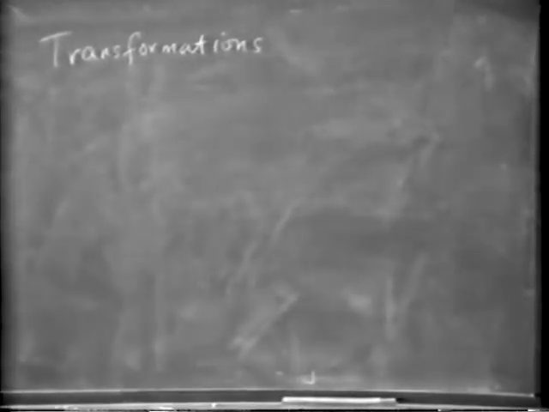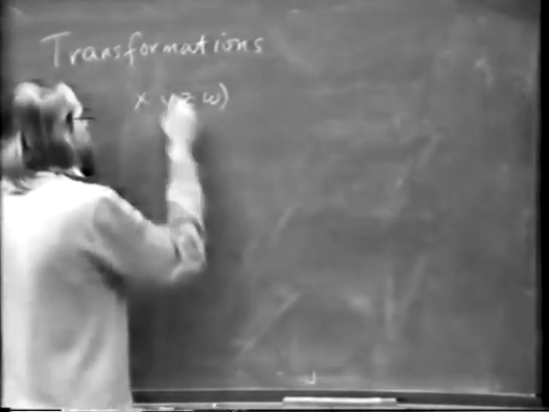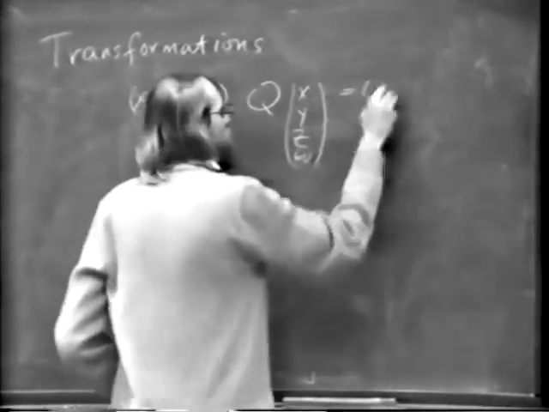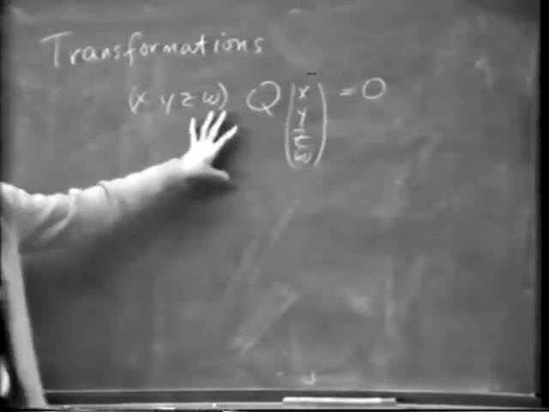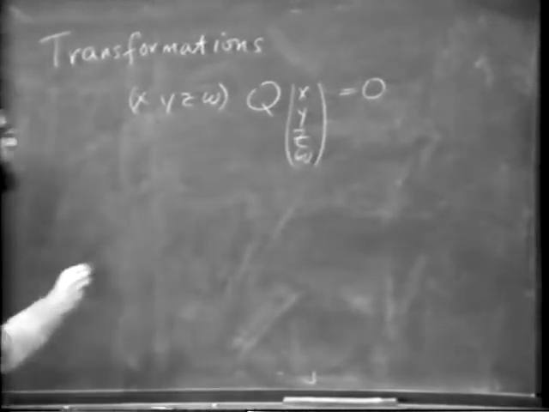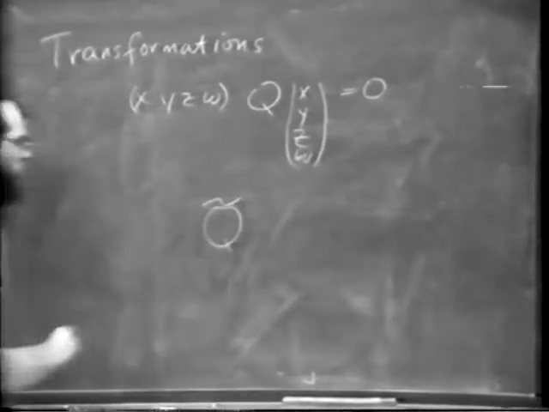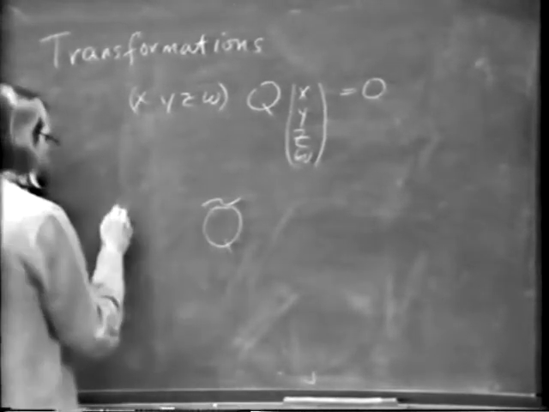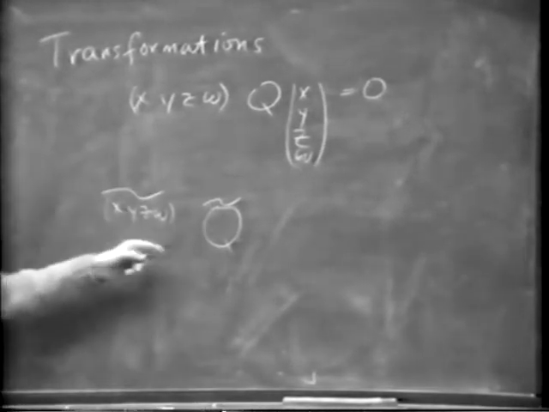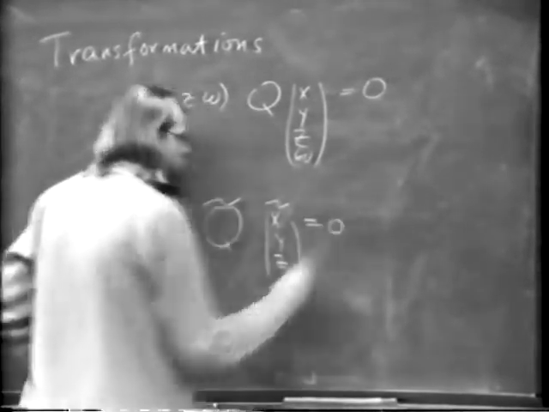Well, we can do that in the same way that you can introduce transformations of planes, in that we start out with this equation here. This is in the original coordinate system. And what we want to do is to find the new matrix, which we'll call Q tilde, which satisfies the equation x, y, z, w tilde, this is a transformed point, times a transformed thing, equals 0, right?